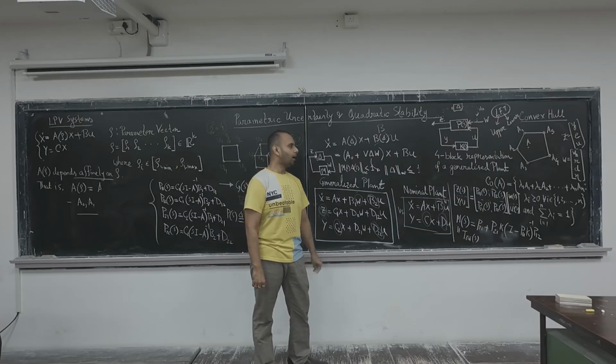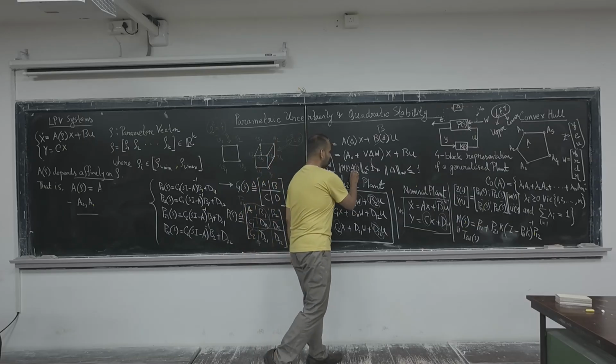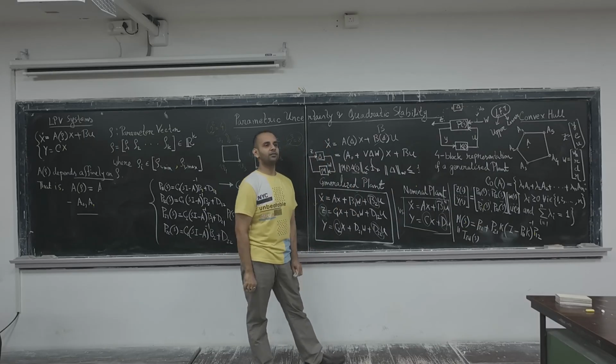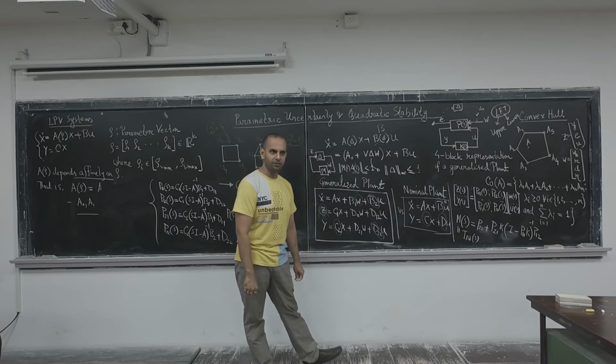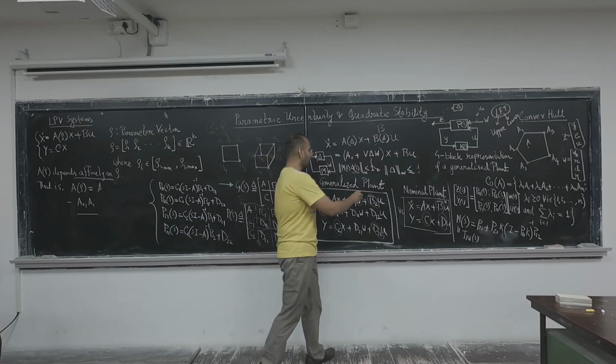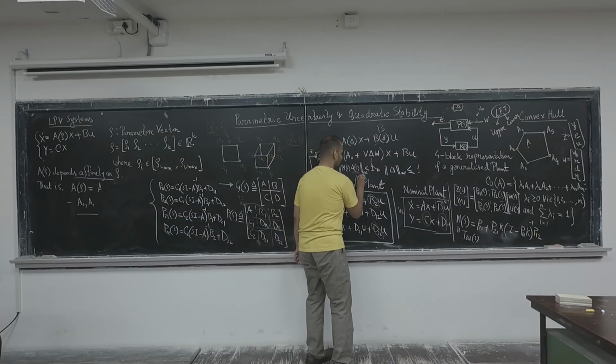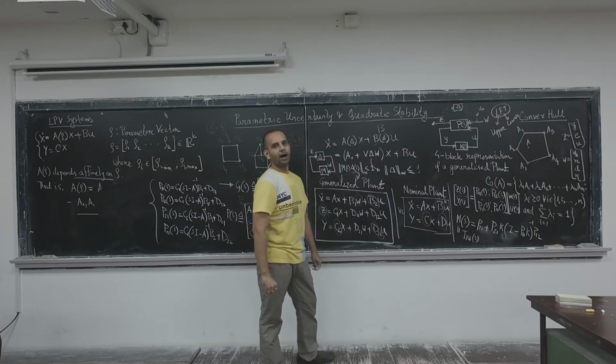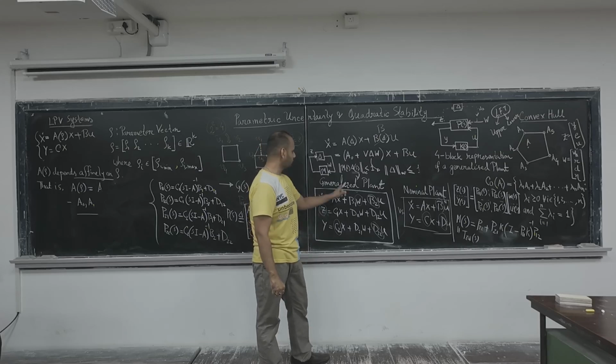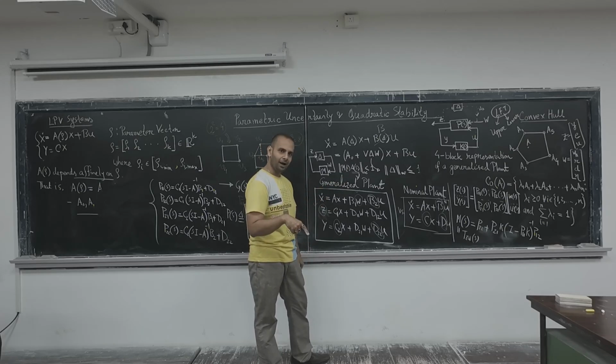This uncertainty representation, delta of S, will be a transfer function which belongs to RH infinity, and subsequently it will have a norm bound. So if that is designated by gamma, then we have to design the controller so that the H infinity norm of S must be less than 1 by gamma, right?